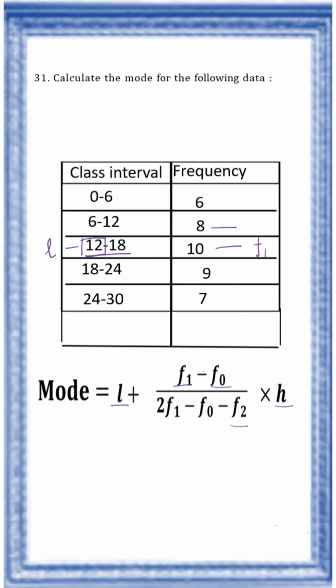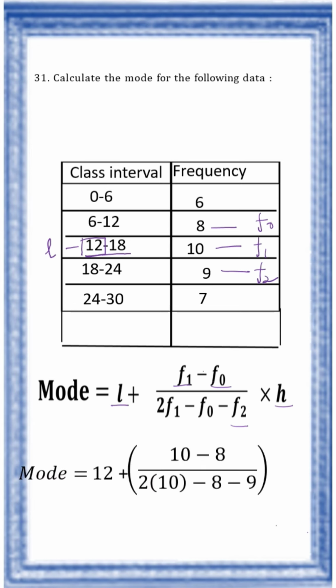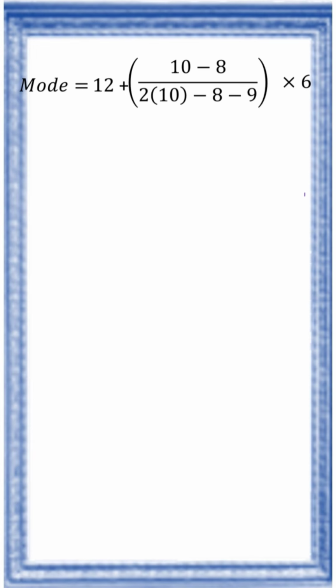This is f0. This is f2. 9 is f2. Now let us substitute the values like this and simplify. 10 minus 8 is 2. 2 into 10 is 20.